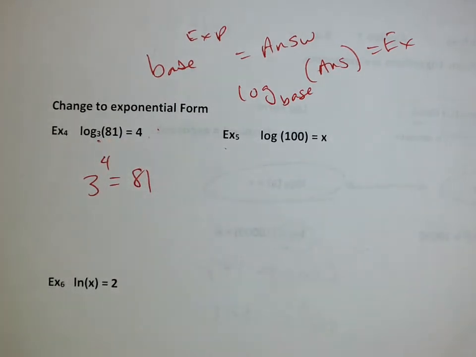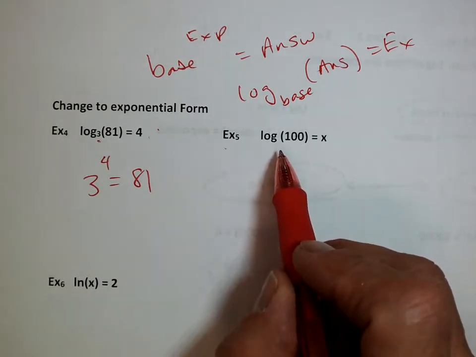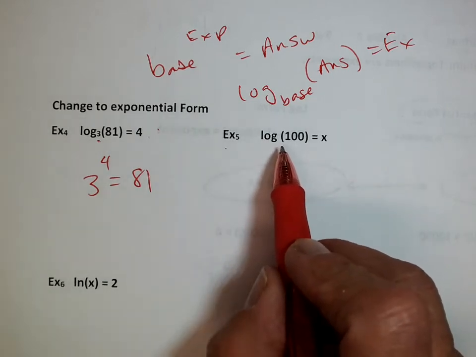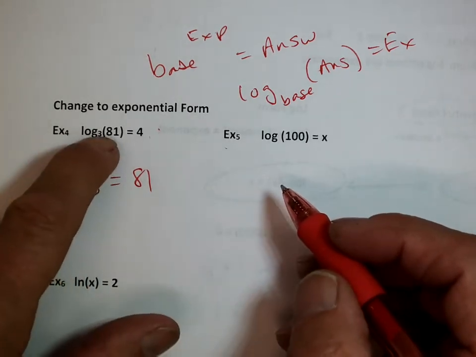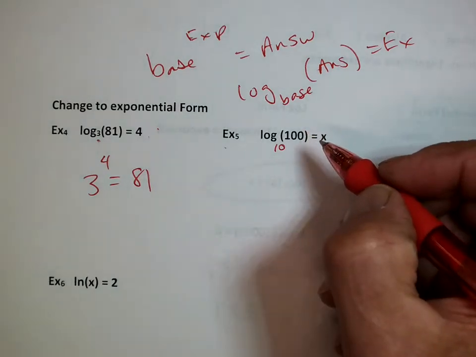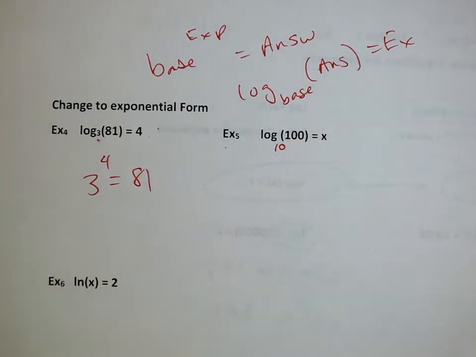Now, 5. There's no base. If there is no number here, it's always 10. Your invisible number is always 10 unless they give you a number. Always base 10, because that's common log. That's our calculator log.